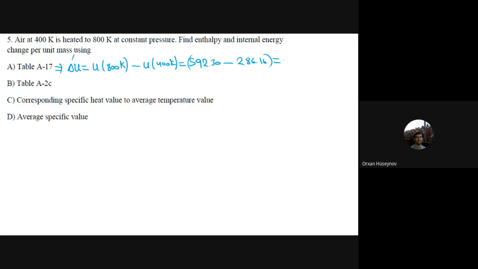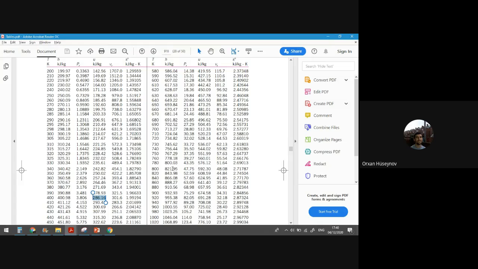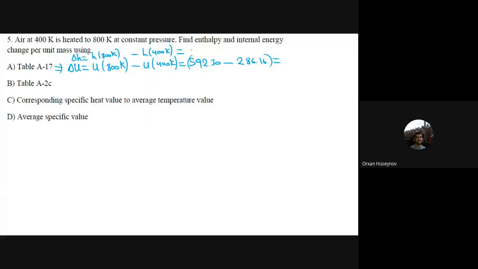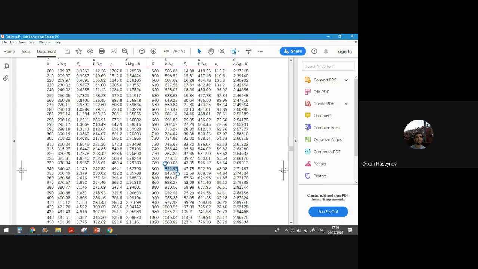And similarly, I'm going to find the value of enthalpy change. It will be enthalpy at 800 Kelvin minus the enthalpy at 400 Kelvin. I will take the similar values here: 800 Kelvin enthalpy is 821.95, minus at 400 Kelvin, it is 498.